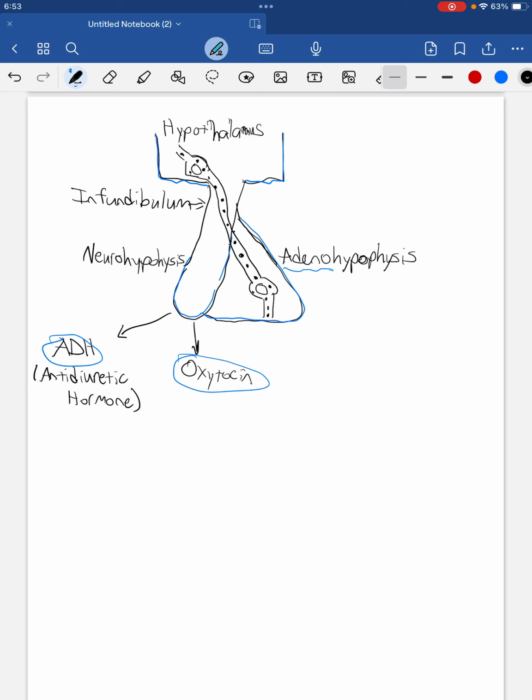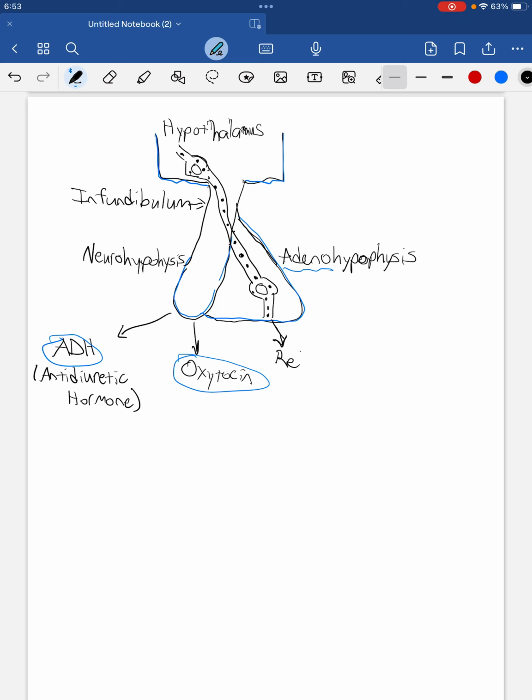So this is known as the hypothalamic hypophyseal portal system. Once that hormone travels down here, now it can be released into the systemic system.